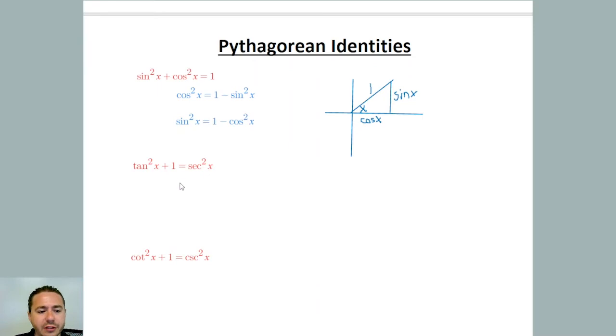So we could rearrange this one as well. If we solve for tangent squared x, we'd get tangent squared x equals secant squared x minus 1. And if we solve for 1, we would have 1 equals secant squared x minus tangent squared x.